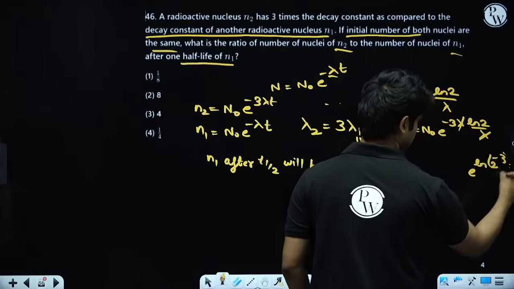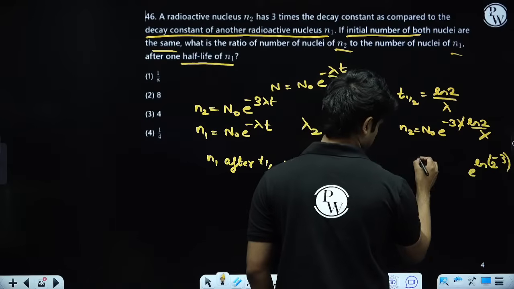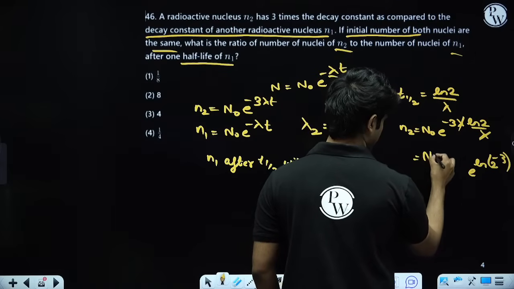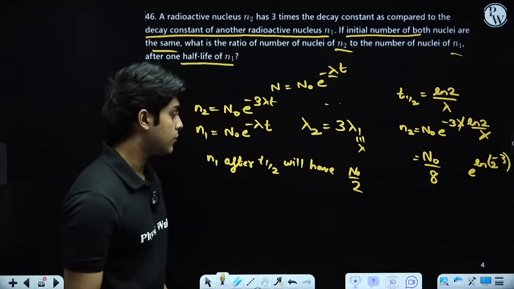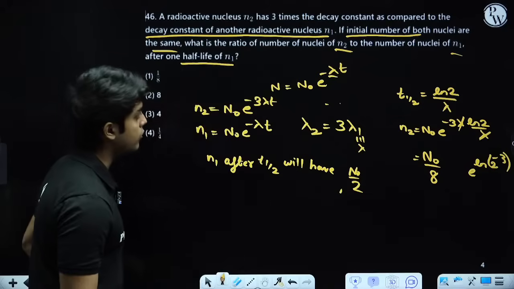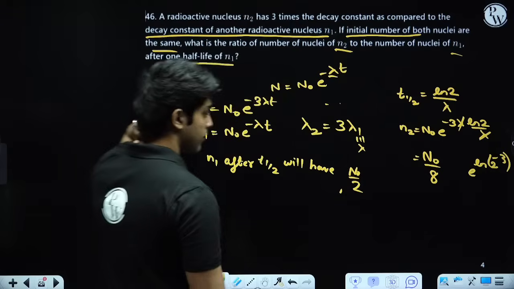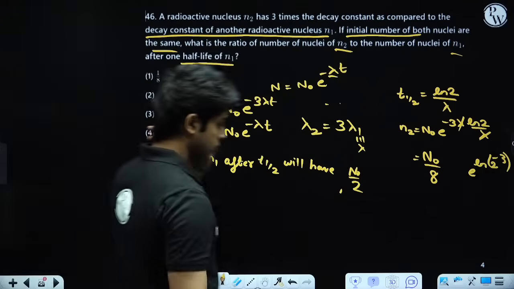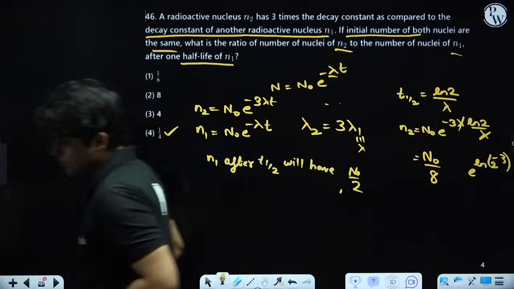This is simply 2 to the power minus 3, which is 1 by 8. So the final answer will be N0 divided by 8. So N2's final number of nuclei will be N0 by 8. N1 will have N0 by 2. So if you do N2 by N1, the answer will be 1 by 4. Okay, fourth option. Alright, that's it.